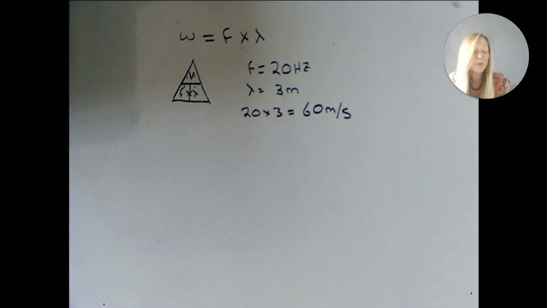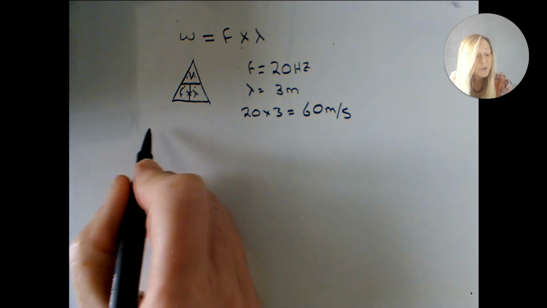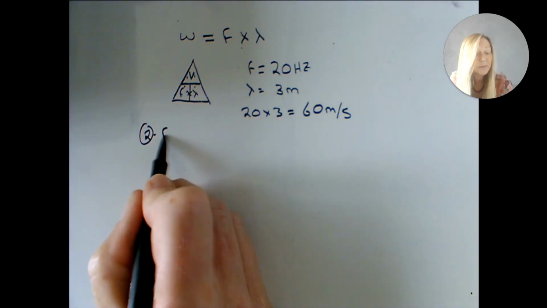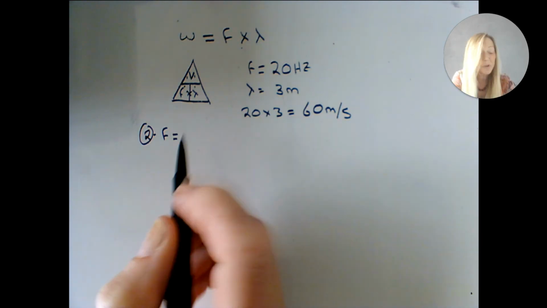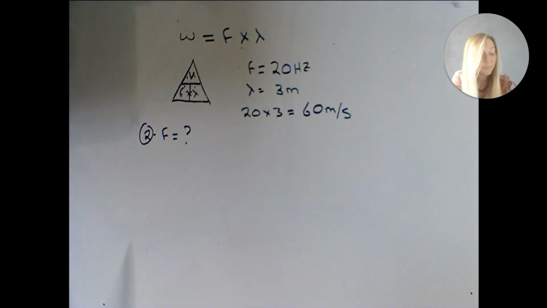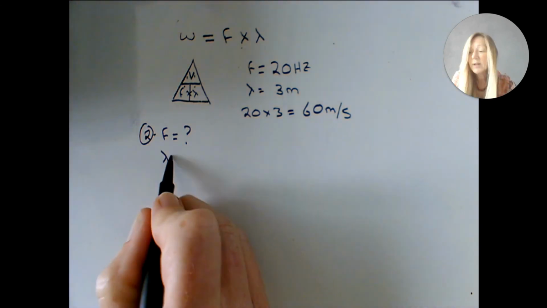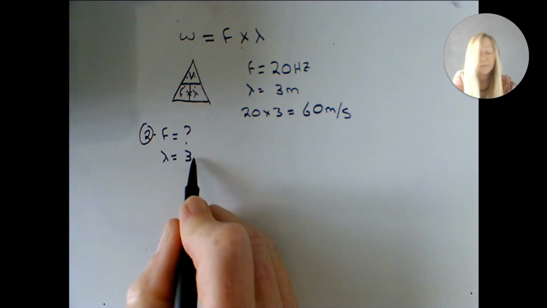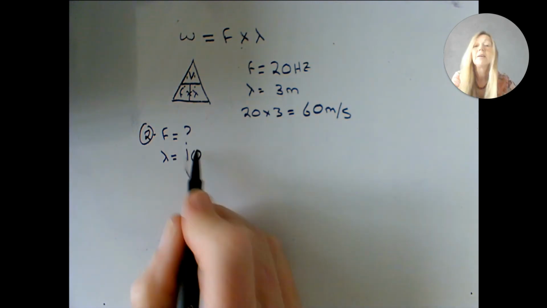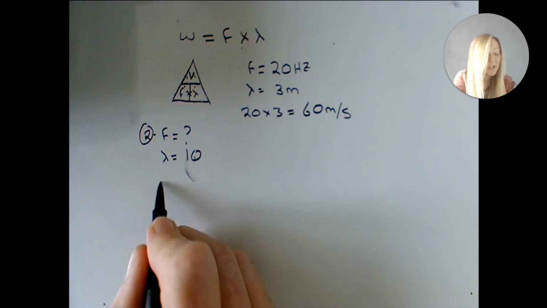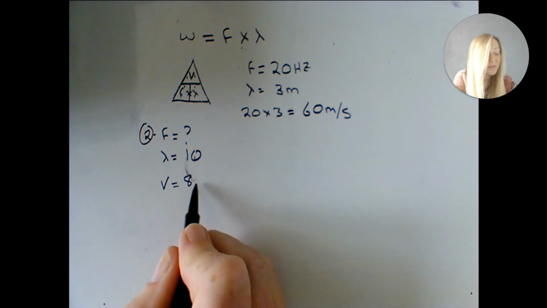Question 2, again, write down all the information they gave you. The frequency was what they were asking. The wavelength was 10 meters. The velocity was 8 meters per second.